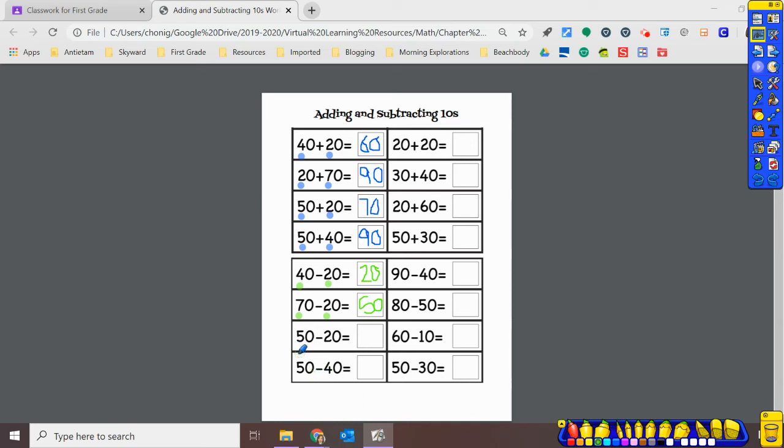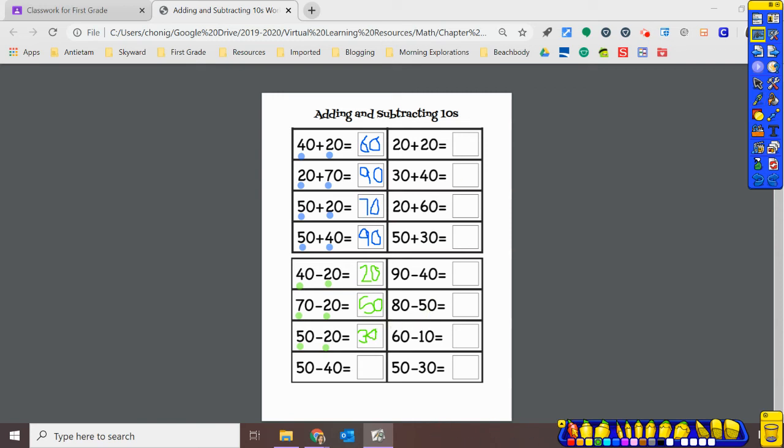All right, next I have 50 minus 20. So I have 5 minus 2. Let's count back. Here we go. 5, 4, 3. So my first number is 3. That's not really my whole answer. I have to add that 0 to make it 30.